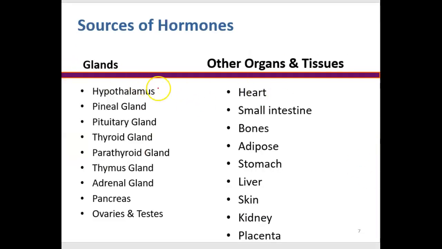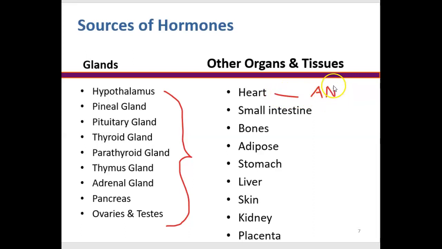So the sources of hormones include all those glands that I listed before and we looked at a picture of. But there are many organs and tissues in your body that also make communication molecules that travel in the blood, make hormones. The heart, for example, makes a hormone called ANP, atrial natriuretic peptide.